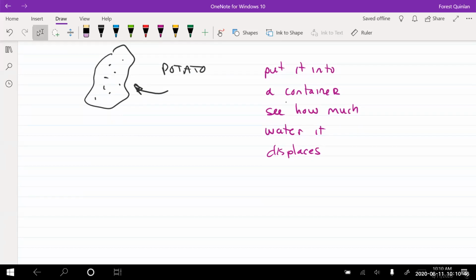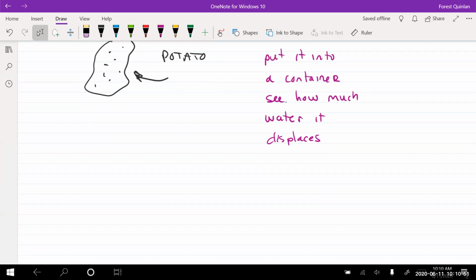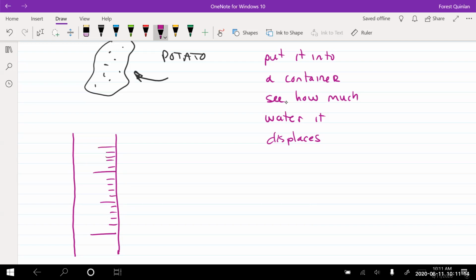Okay, so when we are doing this type of experiment, we're going to take a graduated cylinder, and you guys will see this when you do the lab. So let's say that this is 20 and that's 30 mils. And I'm going to put some water in here.